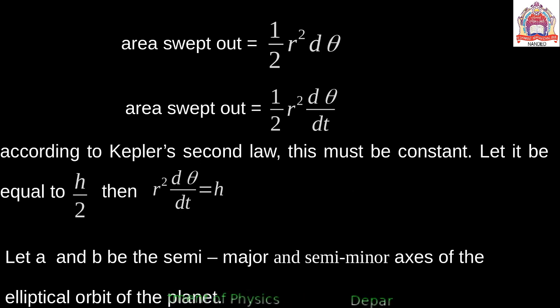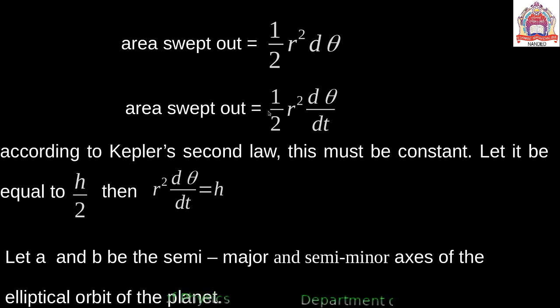According to Kepler's second law, this must be constant. Let it be equal to h by 2. So r square d theta by dt is equal to h.